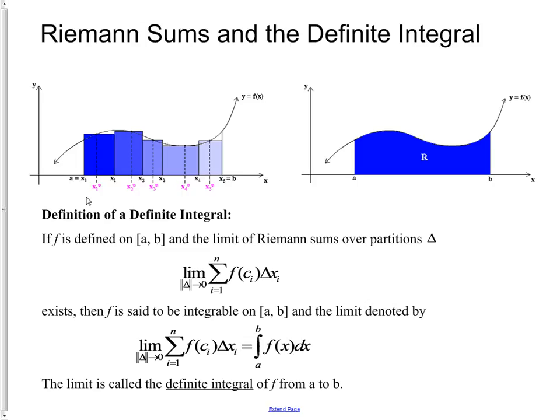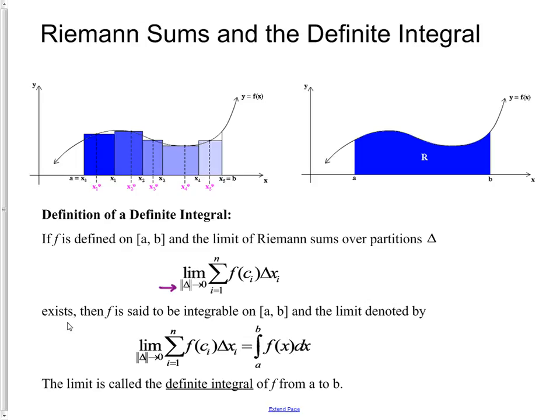We define our Riemann sum, as we said, on a partition delta. And we say if f is defined on that interval from a to b, and we take the limit of those Riemann sums as the norm of the partition, remember, that's the largest subdivision, tends to 0 of our summation from i equals 1 to n of f of c sub i times delta x sub i. Remember, if these vary in width, this delta x of i could go to delta x for that particular subdivision.